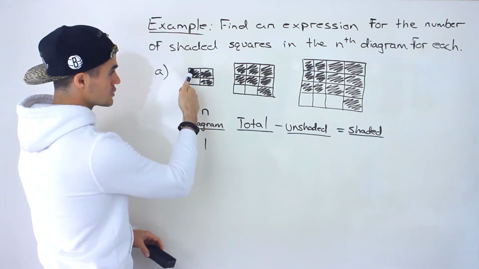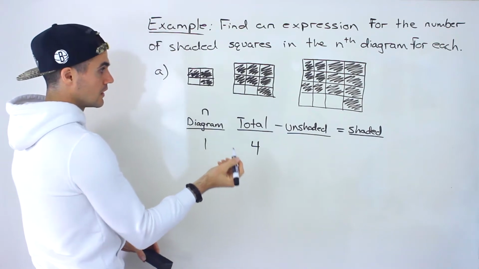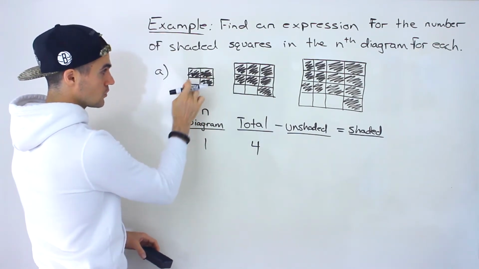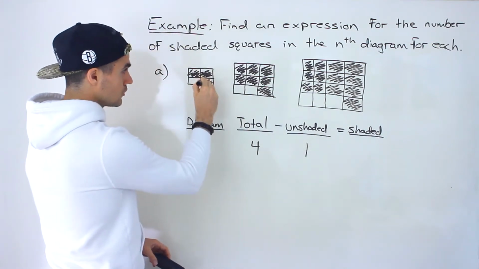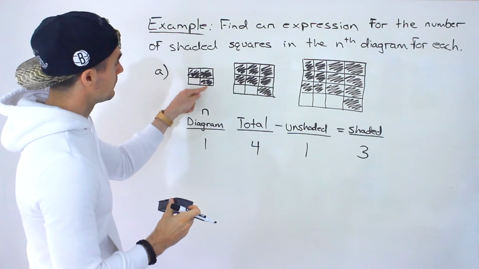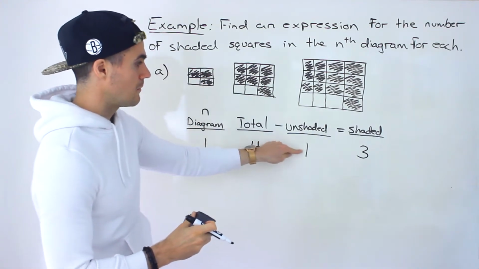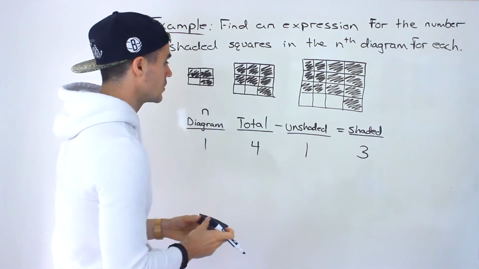Well, notice there's 2 by 2, so there are 4 over here. How many unshaded squares? There's only this one unshaded square, which means that the total number of shaded squares is going to be 3. So you could directly count them, or you could just go 4 minus 1, which gives you that 3. So different ways to go about it.